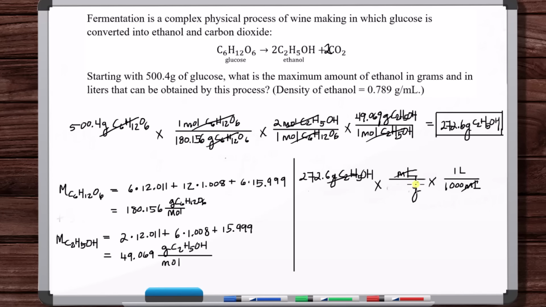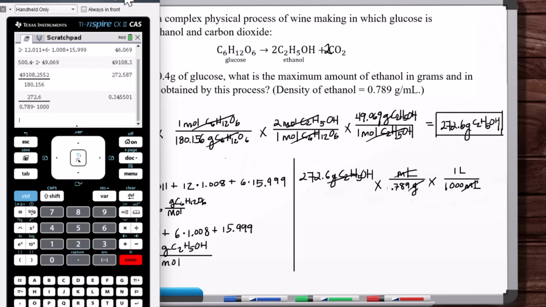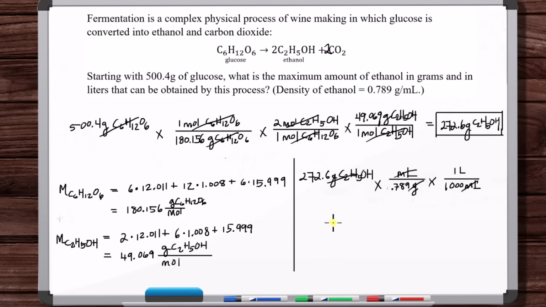So all right, divided by 0.789 times 1,000, 0.35 liters of ethanol.